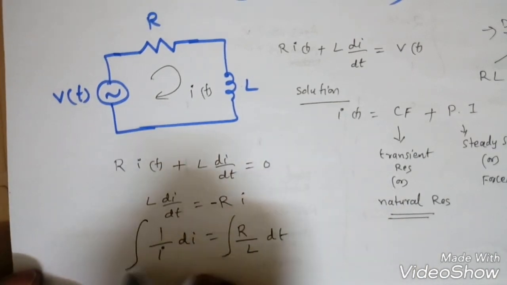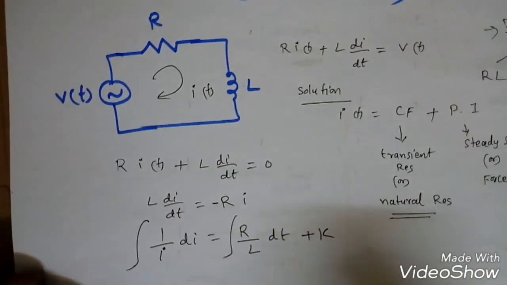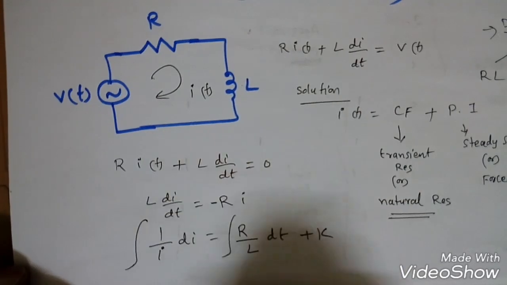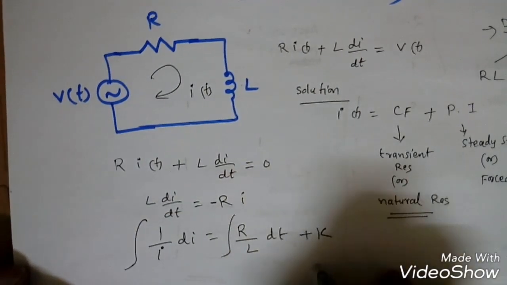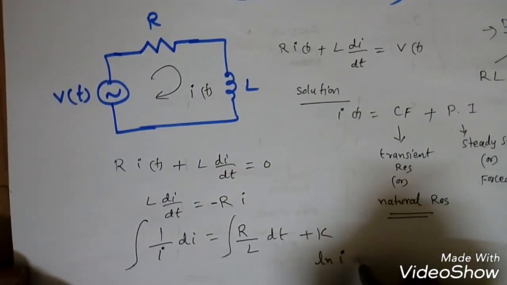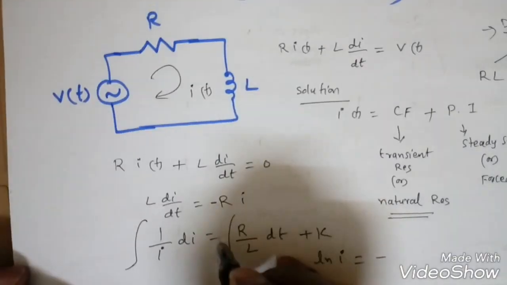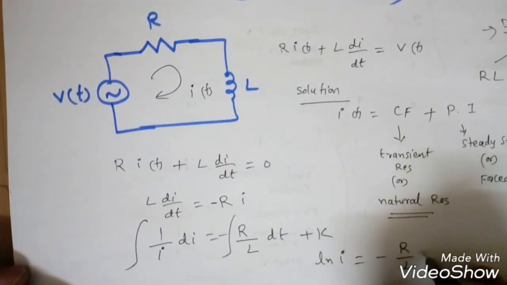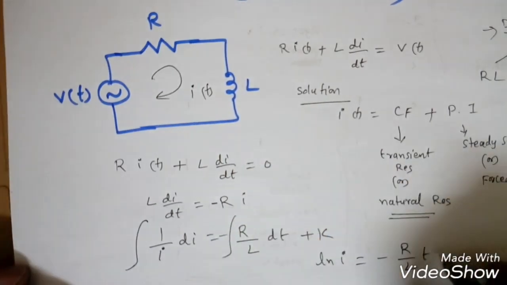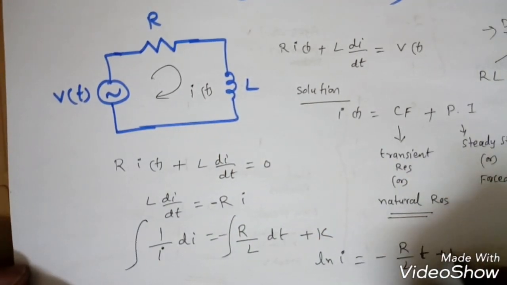If I integrate both sides, we need to place a constant k. The integration of 1/x is ln x, so ln i is equal to minus R/L into t, plus k.